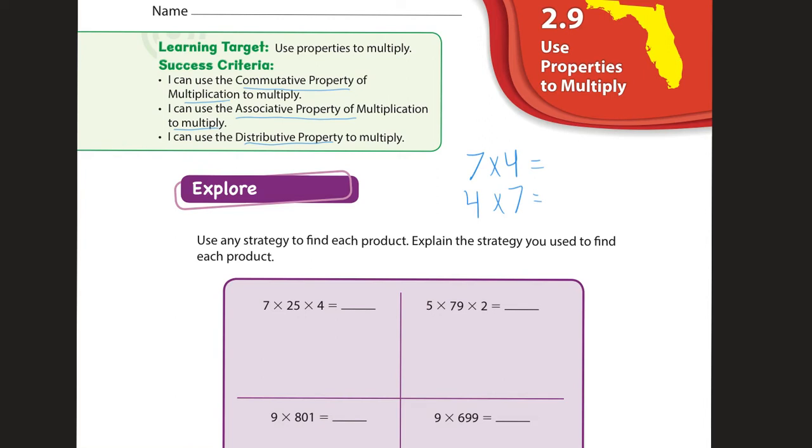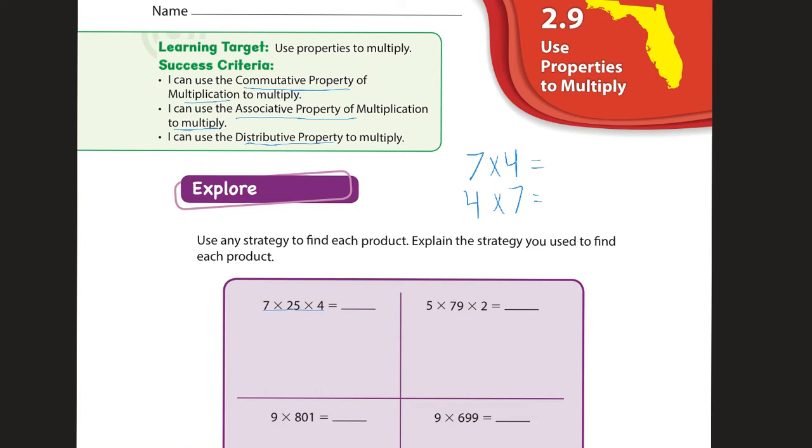So when I'm looking at 7 times 25 times 4, I can do 7 times 4, or I can do 25 times 4 first and then times 7, or I could do 4 times 7 then times 25. It doesn't matter. If I'm just multiplying, I can mix the order up. So I'm going to pick the order that makes it easiest for me to multiply.